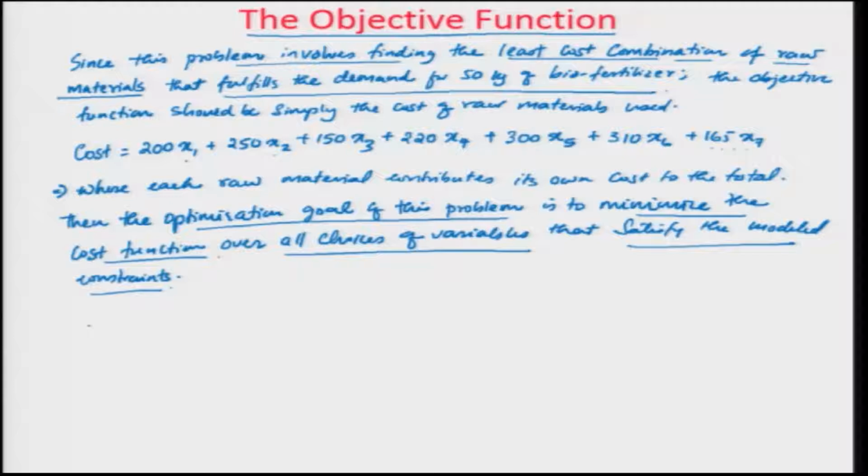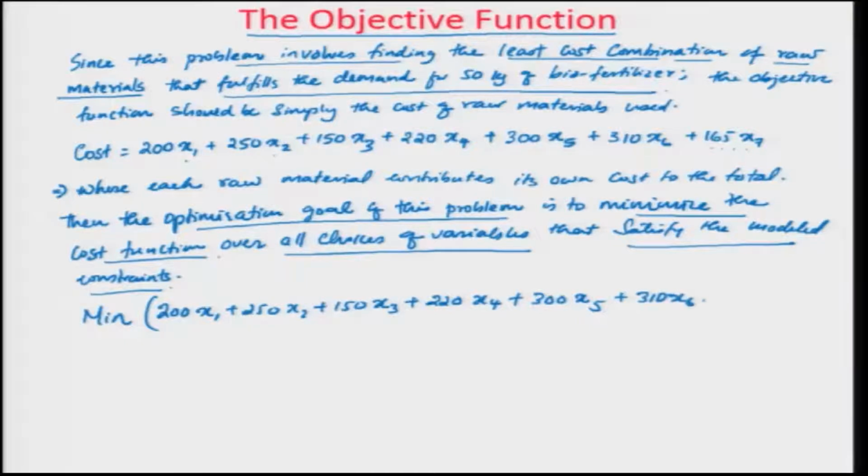So then we can write it as minimize 200 x1 plus 250 x2 plus 150 x3 plus 220 x4 plus 300 x5 plus 310 x6 plus 165 x7.